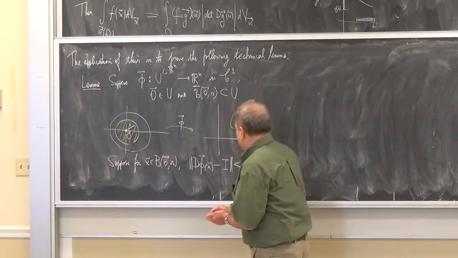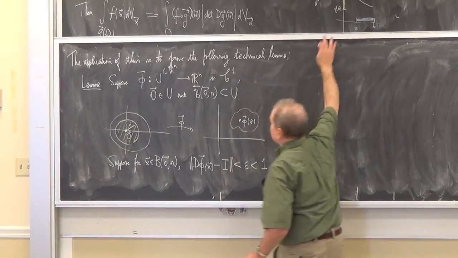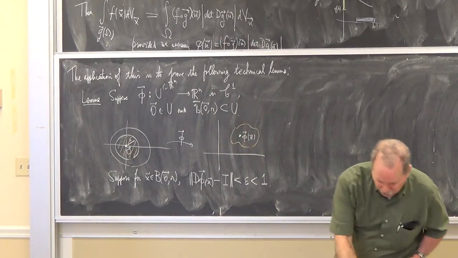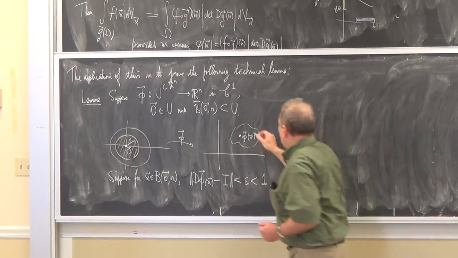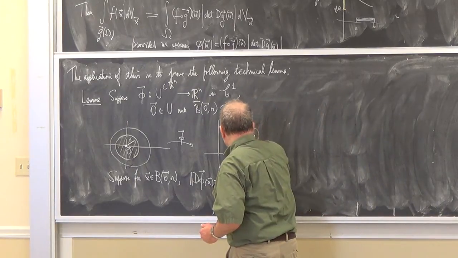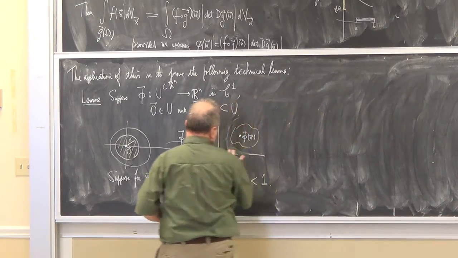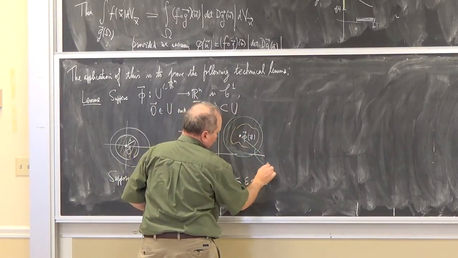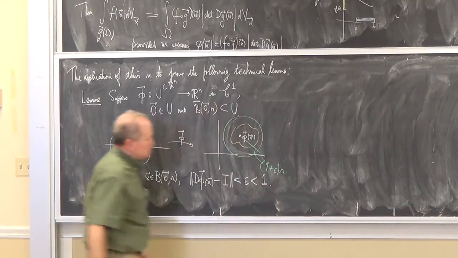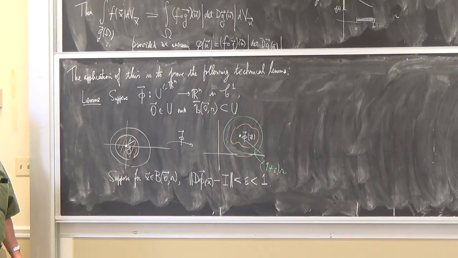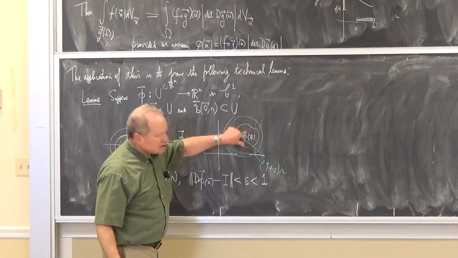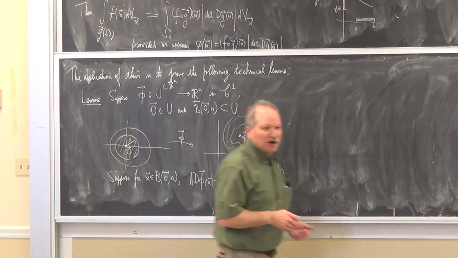And here's what I'm actually going to say. The lemma says you can fit phi of the ball inside a ball of slightly larger radius, centered at phi of 0. And the most the radius can expand is 1 plus epsilon. And you can't lose too much either.